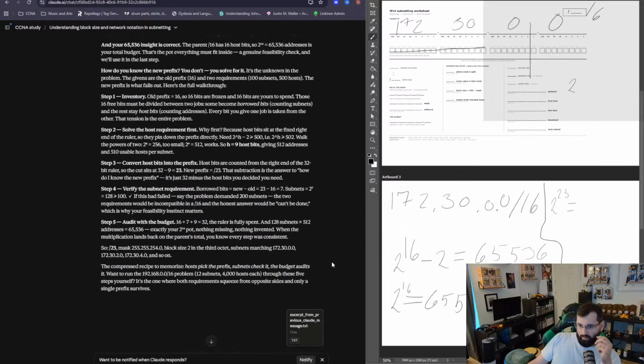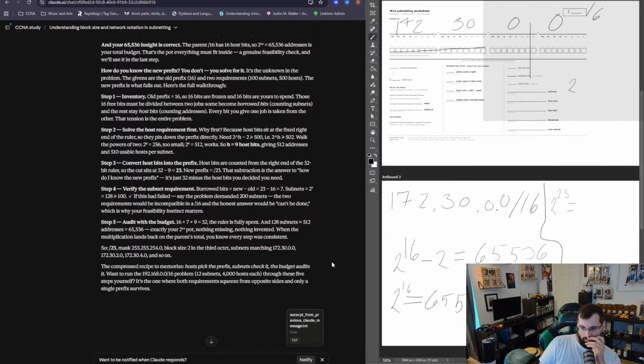Okay. So then audit with the budget. 16 plus 7 minus 9 equals 32. The ruler is fully spent, and 128 subnets times 256. Nothing is missing, nothing invented.